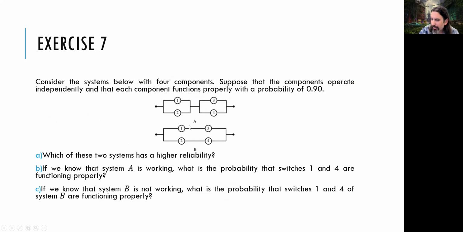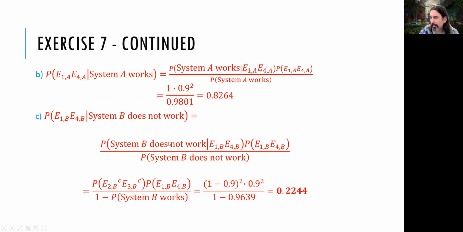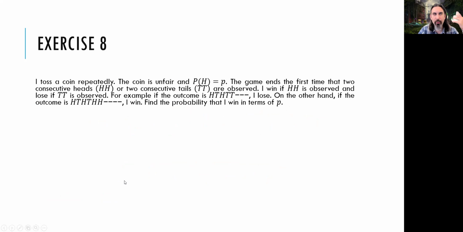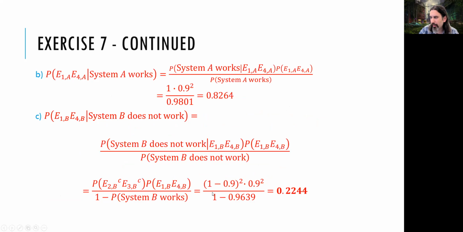So if 1 and 4 are working, then the system should fail if and only if 2 and 3 are both failing. So we're going to have to check 2 and 3, the complement of 2 and 3, they are not working. So it's 0.1 to the power of 2. And then we can just multiply everything and simplify it into 0.22.